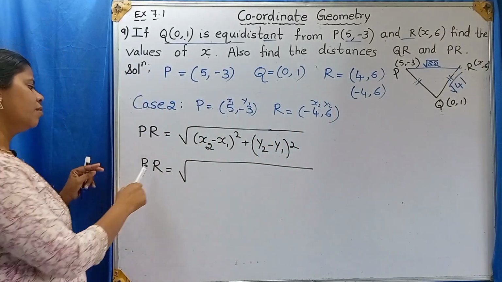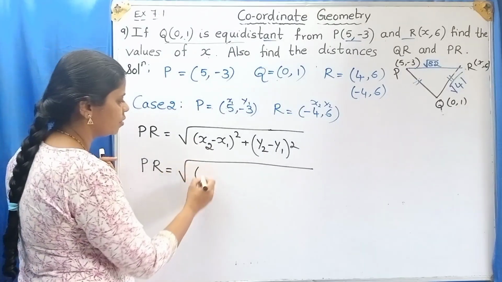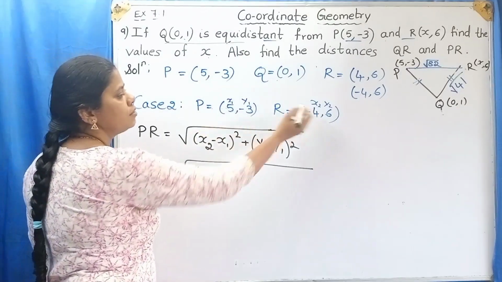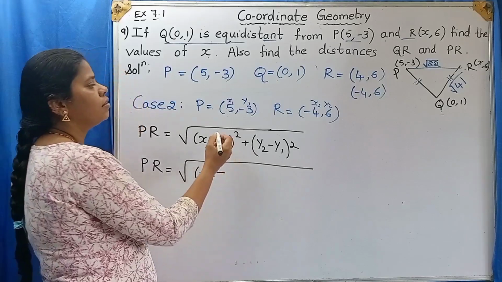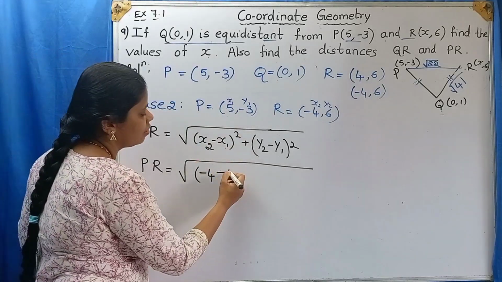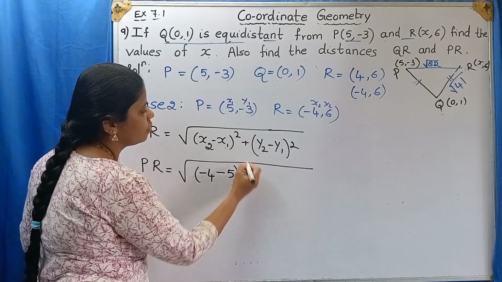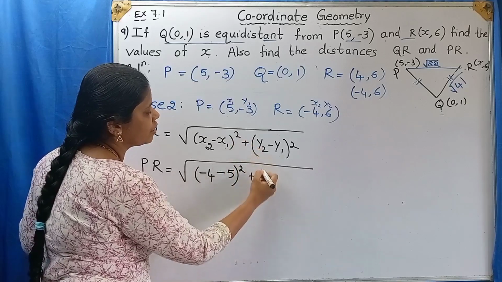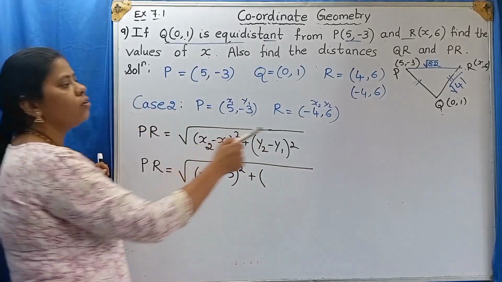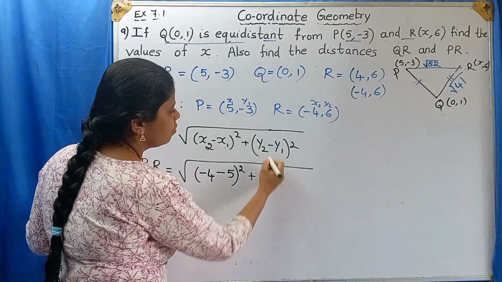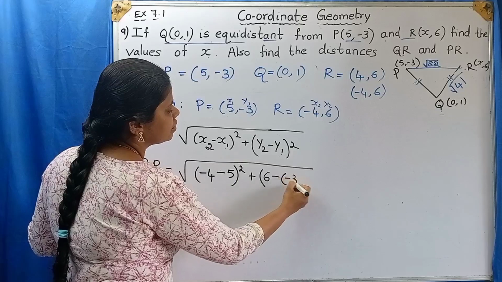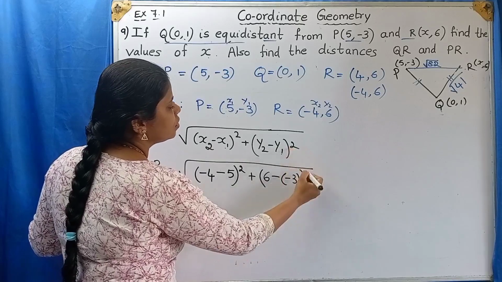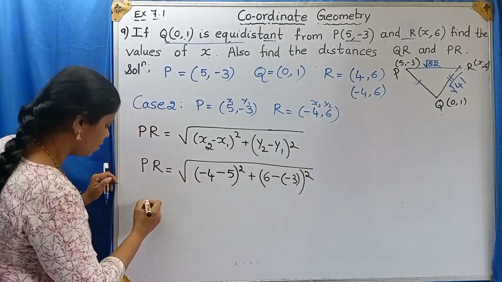Okay. PR is equal to bracket x2, the value of x2 is minus 4, minus x1, the value of x1 is 5, 5 the whole square, plus bracket open y2, the value of y2 is 6, minus y1 which is minus 3. So let us take this in the bracket. For this square, let us write square.